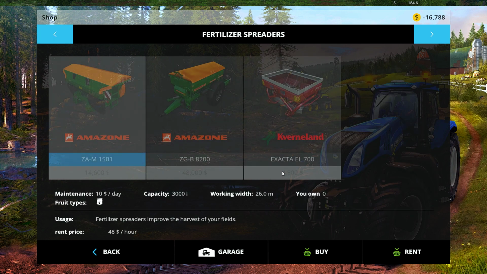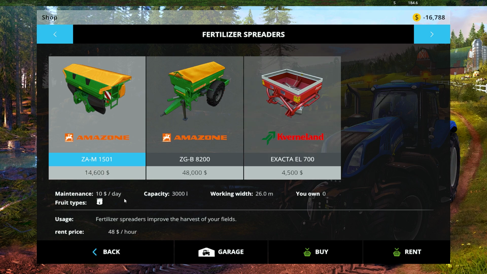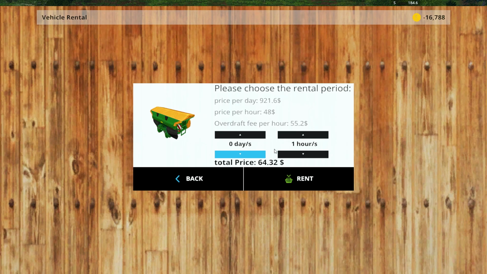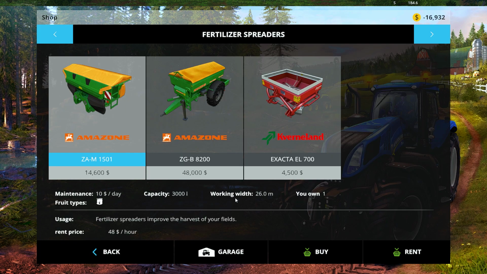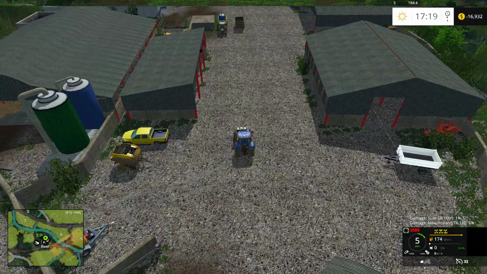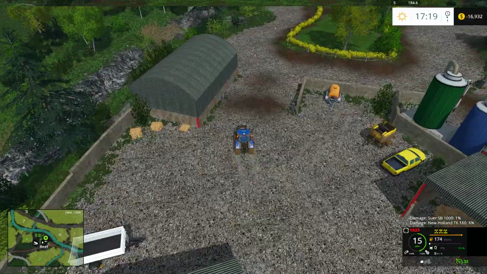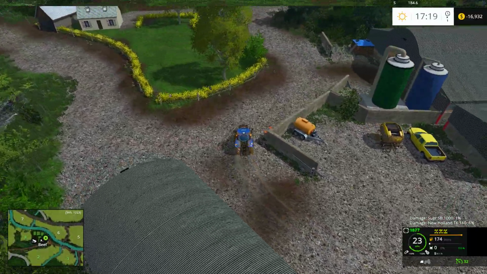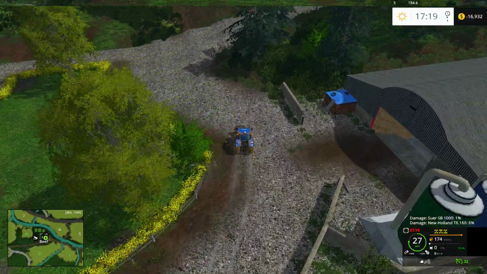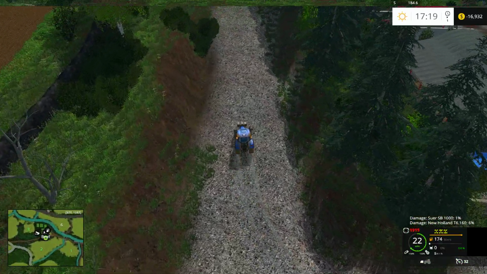Up right here. Okay, I think this is the one I used. It isn't huge. I'm going to rent it, and I don't know that it takes long, maybe 3 hours. So I am just going to zip on up to the dealership and go get the fertilizer spreader, if I can stay on the road and not end up in the ditch.